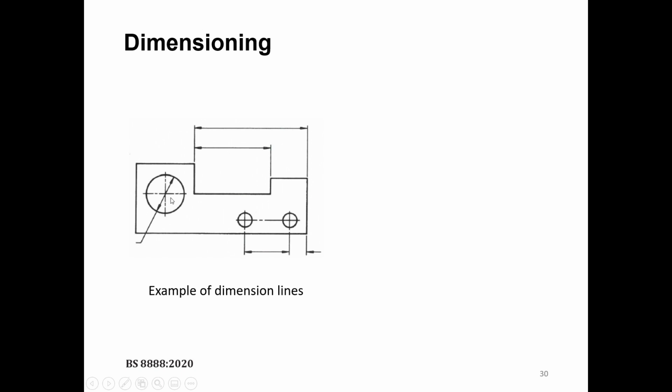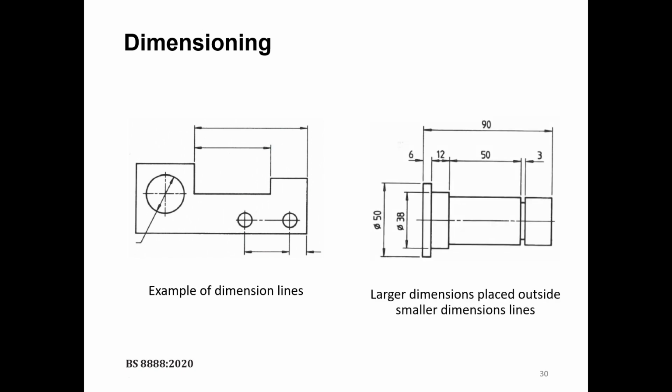Here, a dimension line for the diameter of this hole. Another dimension line: this arrow and this arrow define the distance from the edge to the center of this hole.